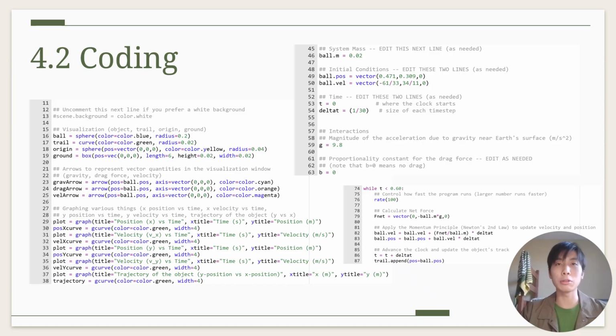After that, I'll create 2 computational models. I'll create a gravity-only model first, and the most important thing is that you can actually use GlowScript to plot a graph with the inner function. It's quite interesting. In this situation, the only force is negative mg in the y-axis.